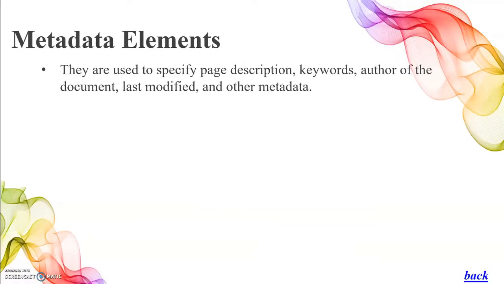HTML lets you specify metadata, that is additional information about a document, in a variety of ways. Metadata will not be displayed on the page. They are used to specify page description, keywords, last modified, and other metadata.